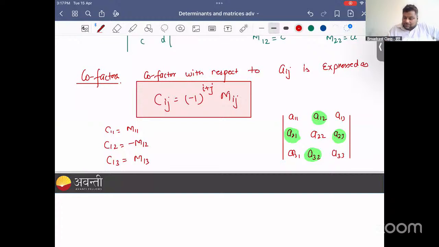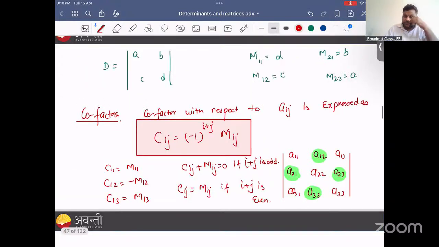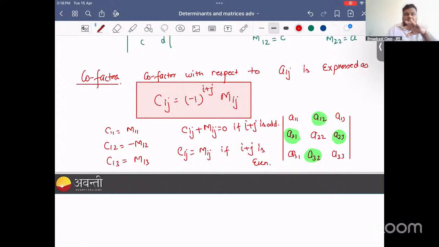Yes or no? Means Cij plus Mij is 0 if i plus j is odd, and Cij is Mij if i plus j is even. Is it okay? So now calculating minor and cofactor is an easy thing for you.